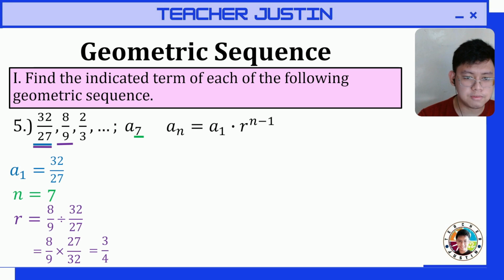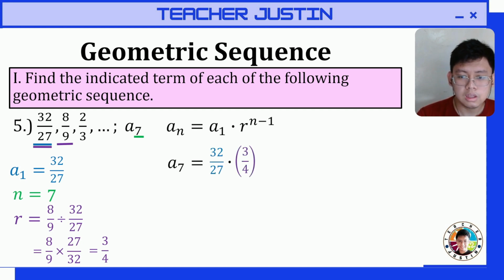Now that we have the value of a sub 1, n, and r, we will now substitute that to our formula. So, a sub 7 is equal to 32 over 27 times 3 over 4 raised to 7 minus 1. Now, simplify natin yung ating exponent, 7 minus 1. That will give us 6.